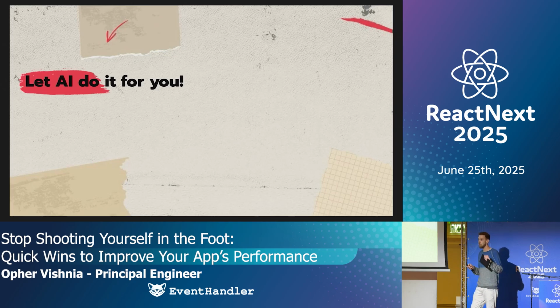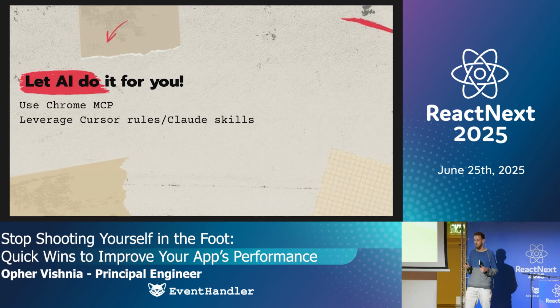But luckily, we do have tools that help you do exactly that. The two that I'm talking about specifically for giving AI context is Chrome MCP, which lets an agent talk to the browser, see what's going on, read logs, get snapshots, change things, change the code, and get a positive feedback loop. And the second is giving the AI agent more context to know how to solve the performance issues.